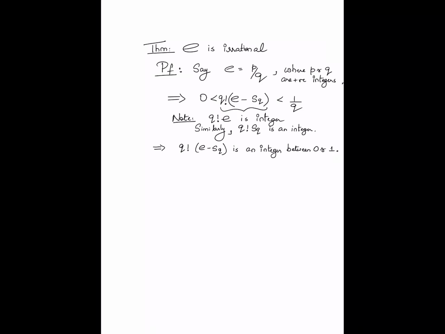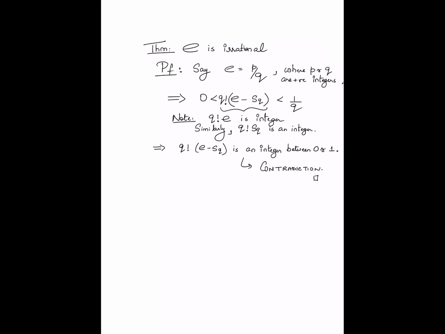In fact, Q cannot be 1, but Q is at least 1. So therefore, Q factorial into (E minus SQ) is an integer strictly between 0 and 1, which is of course a contradiction. And that completes the proof.